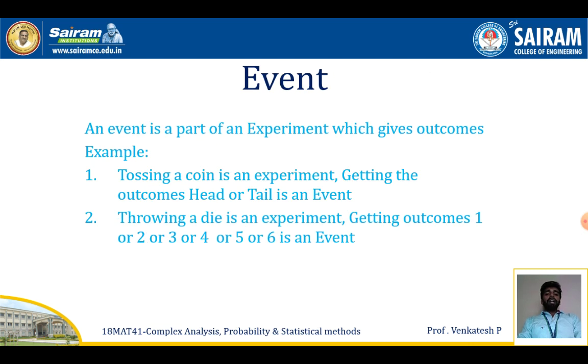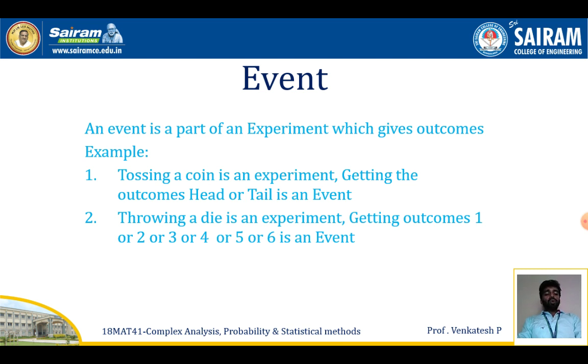Next is event. An event is a part of an experiment which gives different outcomes. Say for example, in tossing a coin, we may get the outcomes like head or tail. So here tossing a coin is an experiment and getting the outcomes like head or tail is an event. Similarly, in throwing a die, we may get the outcomes like 1 or 2 or 3 or 4 or 5 or 6.